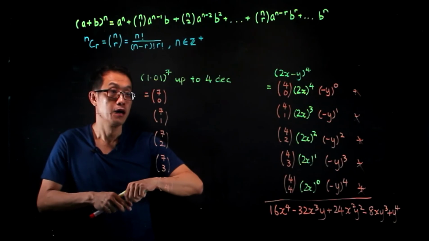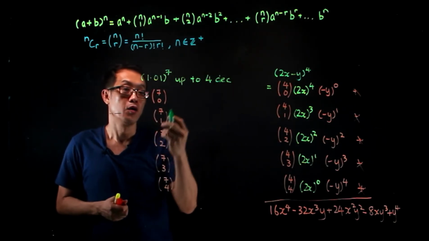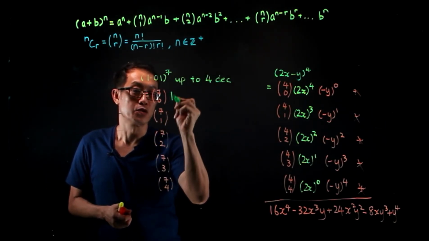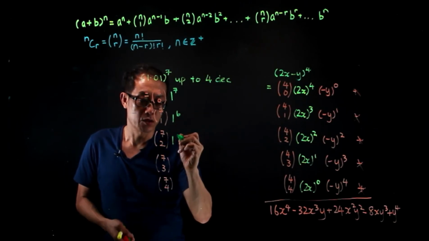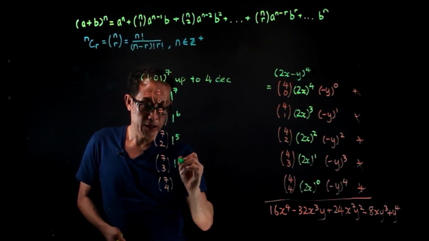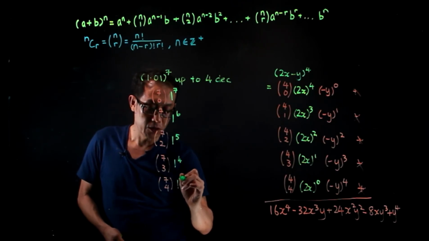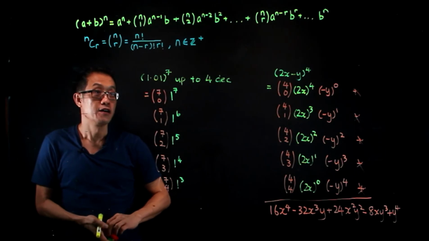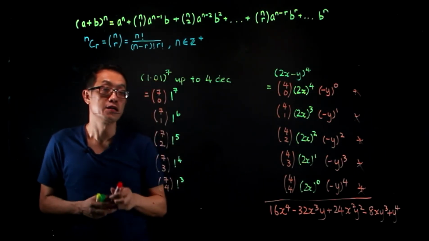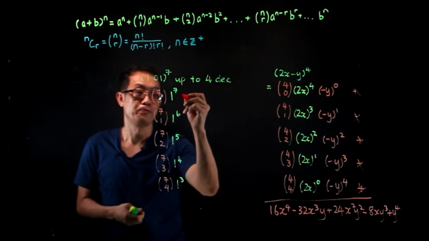Now next, we do the 1 term. So it's 1 to the power of 7, 1 to the power of 6, 1 to the power of 5, 1 to the power of 4, 1 to the power of 3. Next, let's do the 0.01 term.